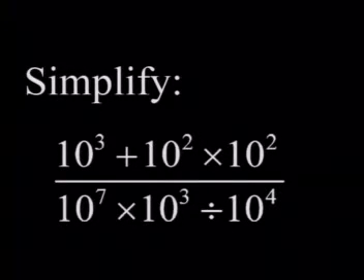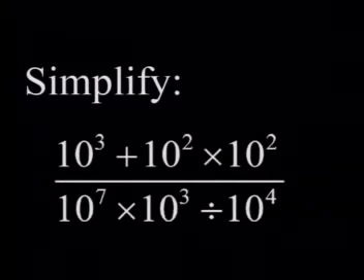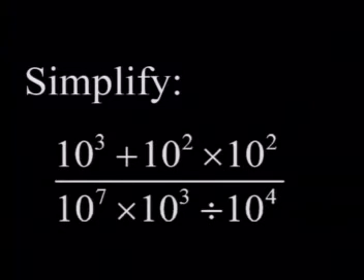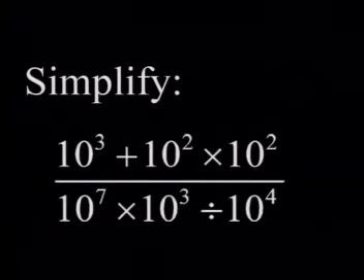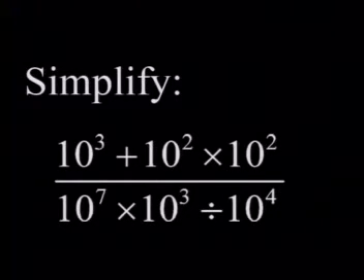Number 3, 10 to the power 3 plus 10 to the power 2 multiplied by 10 to the power 2, all divided by 10 to the power 7 times 10 to the power 3 divided by 10 to the power 4. Watch out, this one is tricky.